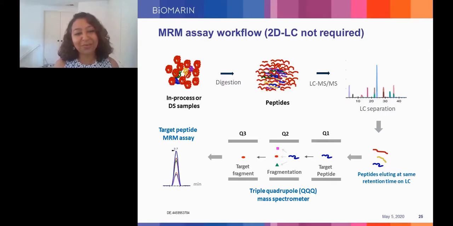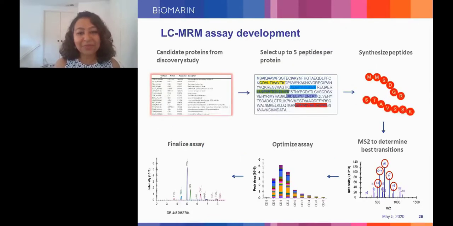In our hands, we've been able to monitor 400 proteins in a complex sample at the same time. So this is very doable. What you can do also is synthesize the peptides and develop standards so that you can have these made, usually outsourced, as heavy labeled entities, and you can have them at quantified amounts.